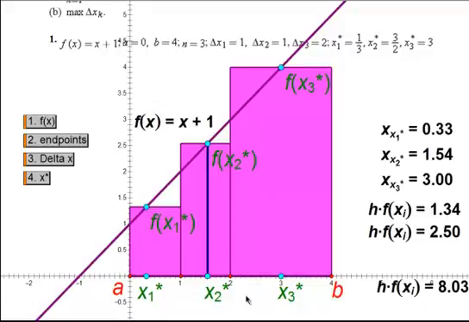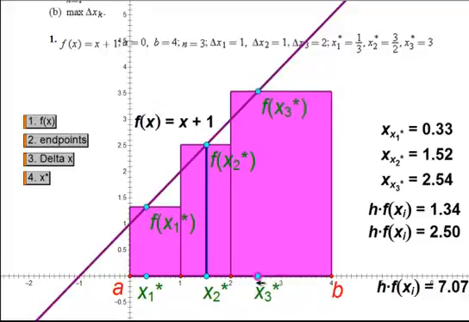I think what's happening here is this rectangle might be a tad bit small. Alright, then now I'm going to move this back because this should be just about 1.5. Good enough. Alright, so now the third one, x star 3, is at 3 here.